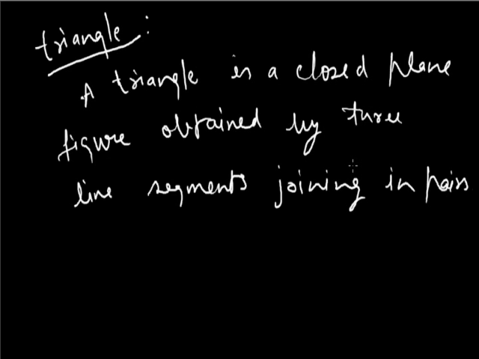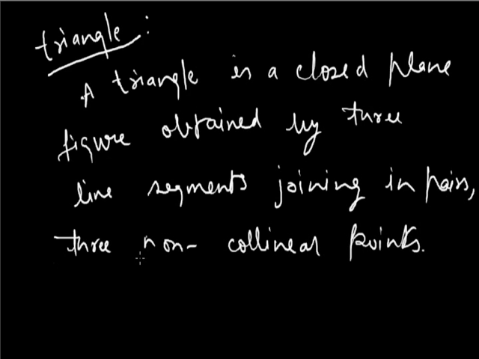So those three ways give us three vertices obtained by intersecting those two lines, and the figure formed by those three line segments and three vertices is a triangle. So a triangle is a closed plane figure obtained by three line segments joining in pairs, giving us three non-collinear points. Those non-collinear points are known as vertices of the triangle.